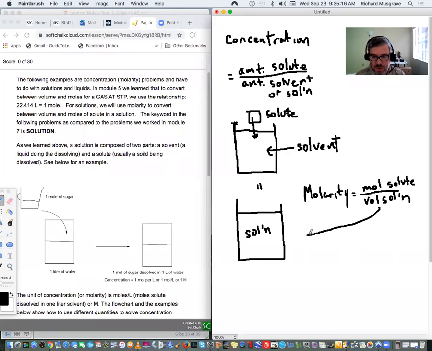Now, if it's a solid solute, then the solvent volume and the solution volume will essentially be the same. But if the solute is a liquid, then the solution volume can be different. That's not something we're going to worry about too much here in test 2, but we certainly will worry about when we get to test 4.